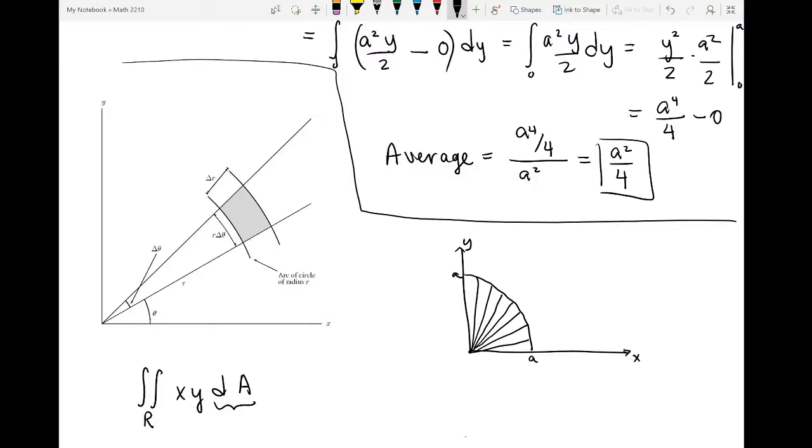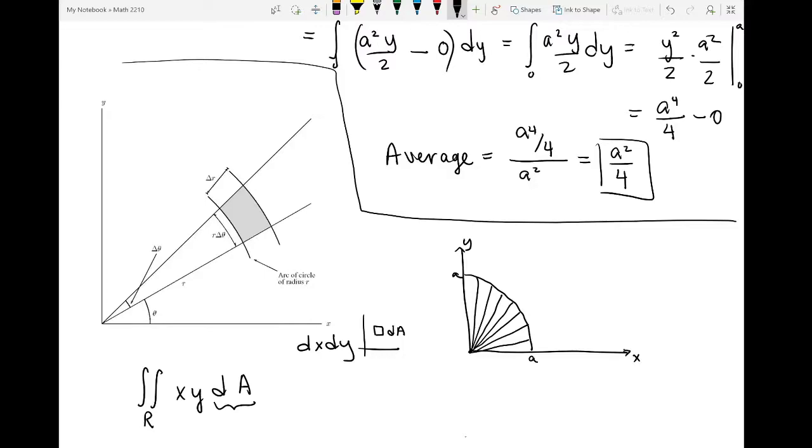Before, because it was a square, we were in Cartesian coordinates. We just did dx dy because that represents a little tiny area in Cartesian. This is maybe my dA here.